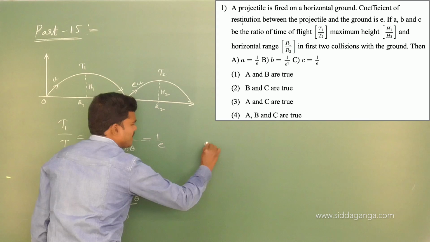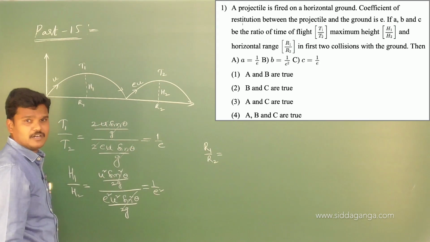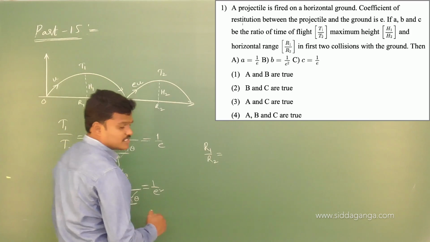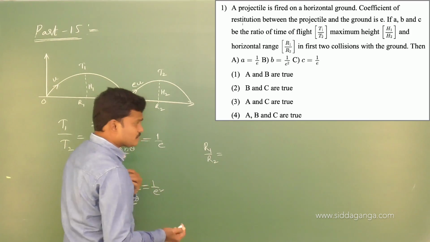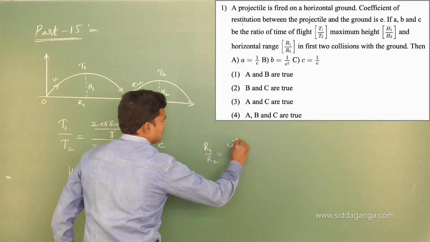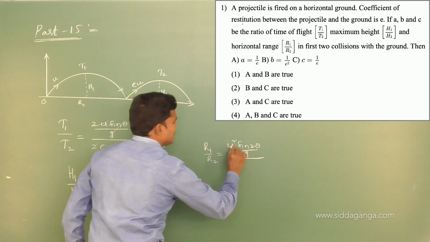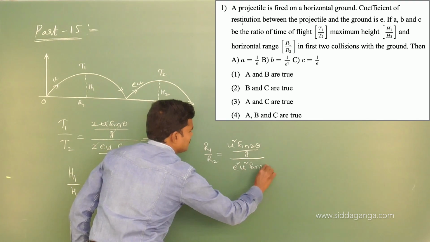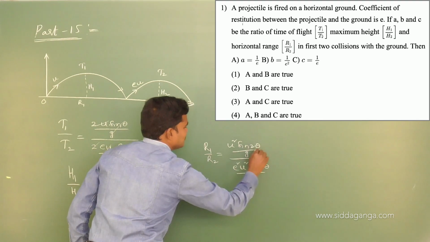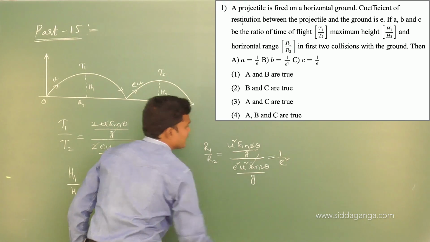In the same manner, let me find r1 by r2. The range is u cos theta into t. Otherwise, u square sin 2 theta by g. Here u becomes eu again, so e square u square sin 2 theta by g. If you strike off these values, you will get 1 by e square.